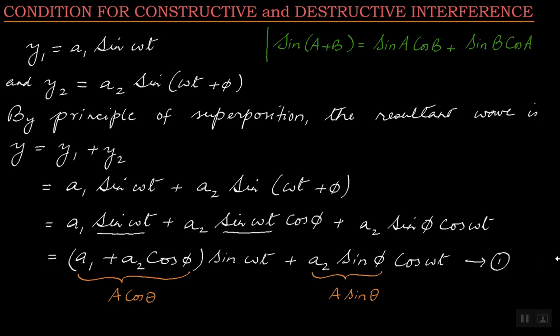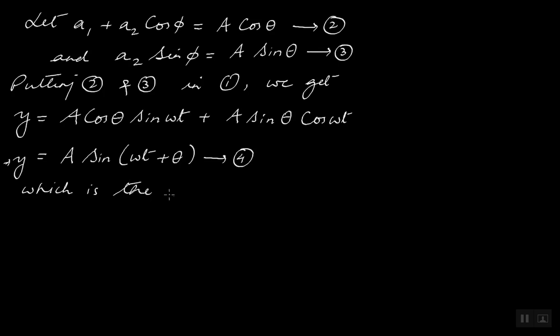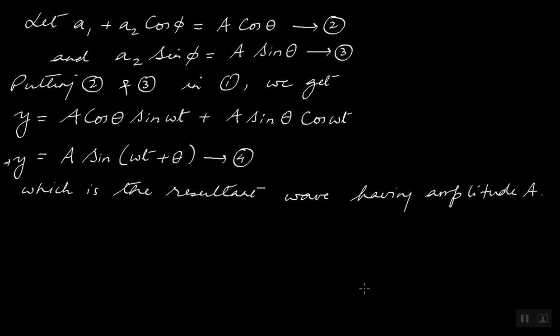Okay, so if I take common a, then inside of the bracket I will have cos theta sine omega t plus sine theta cos omega t, and that will give me sine (omega t plus theta). Call this equation 4, which is the resultant wave, having amplitude A. Okay, now how do we find this amplitude A?